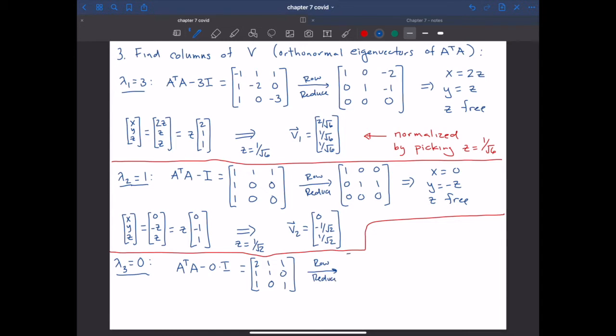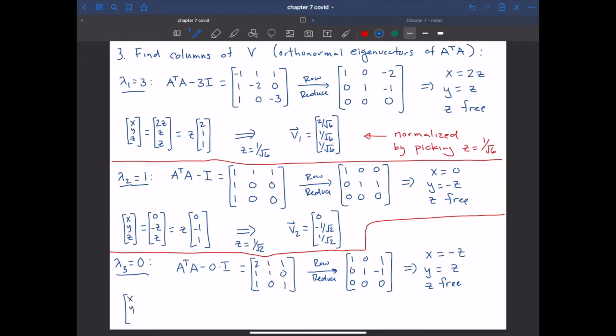We get the matrix 1, 0, 1, 0, 1, negative 1, and 0, 0, 0. So this first line tells me that x is equal to minus z, y is equal to z, and z is the perennial free variable there.